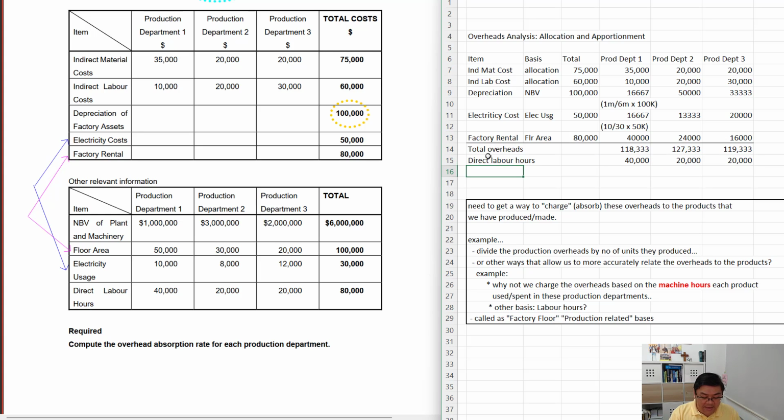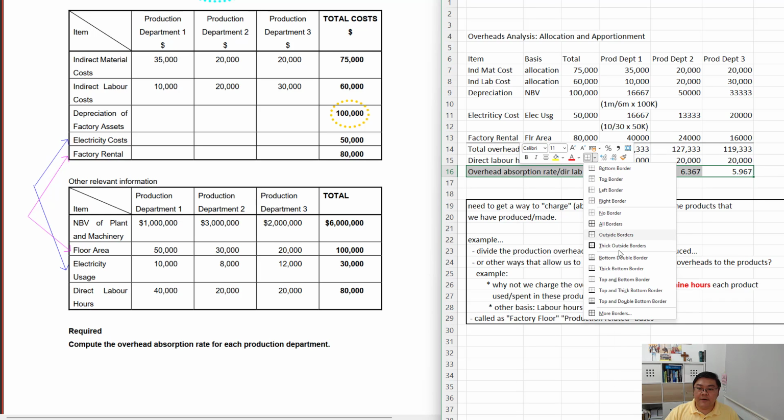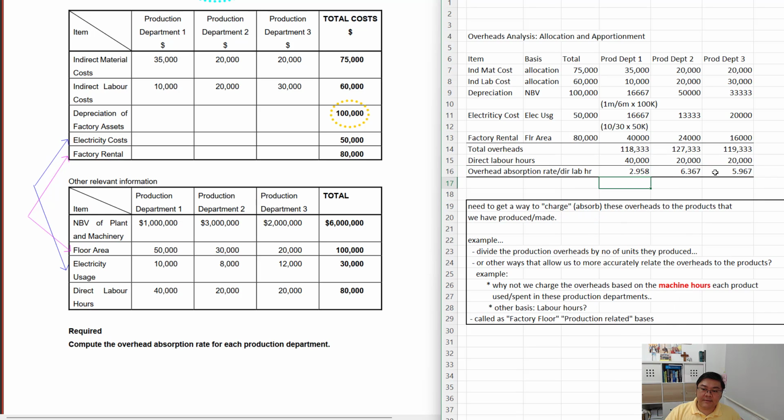So we will get the overhead absorption rate per direct labor hour when you take this divided by this. We might have to maintain a bit of decimal points. What does this rate tell us?